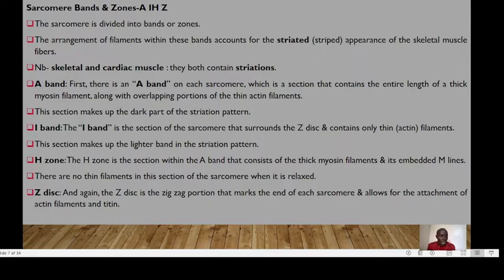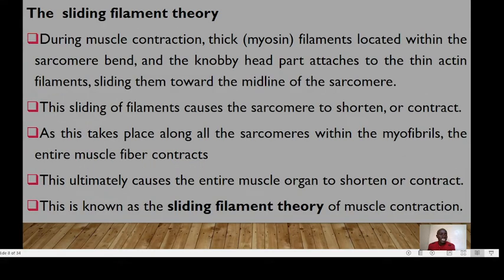The Z disc, again, is the zigzag portion that marks the end of each sarcomere and allows for the attachment of actin filaments and the titin. So we have the sliding filament theory that normally helps explain the contraction mechanism of these skeletal muscles.